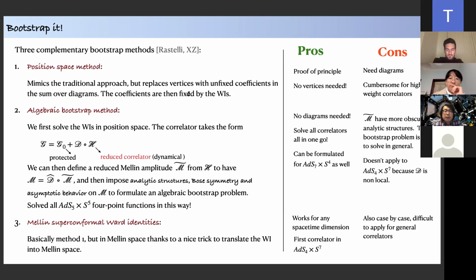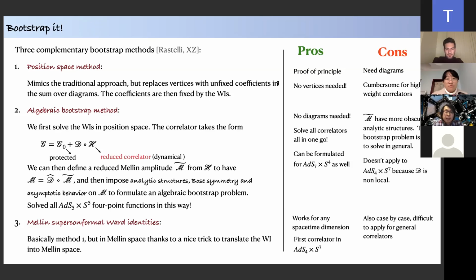But we are not going to specify the contribution of each diagram, because that is the hard part. We would know these contributions if we knew the precise vertices, but we saw that these vertices took 15 pages. So we are instead going to leave these coefficients unfixed and then impose the superconformal Ward identities to fix these coefficients. It turns out all the coefficients can be fixed. So that tells us that this idea of bootstrap really works.